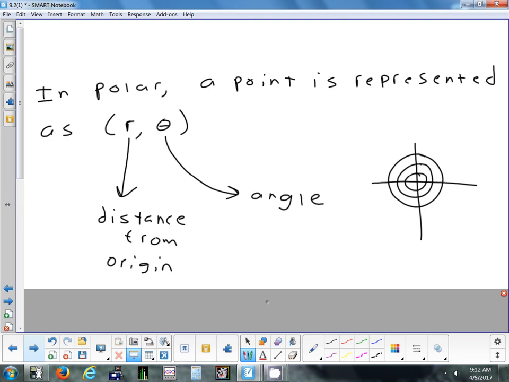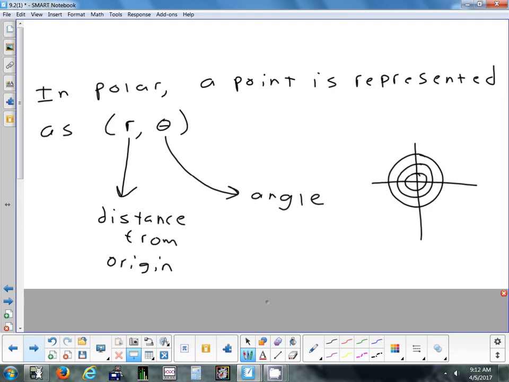Theta can also be positive or negative. What would that control? What do you think the two directions you can move in for theta are? It's not left and right. Is it diagonal? No, it's not diagonal. Think about motion, circular motion.